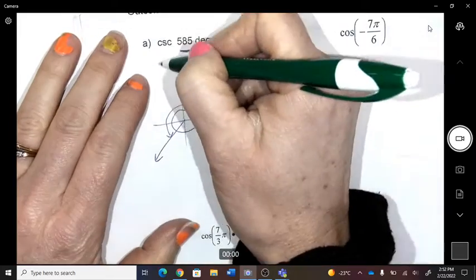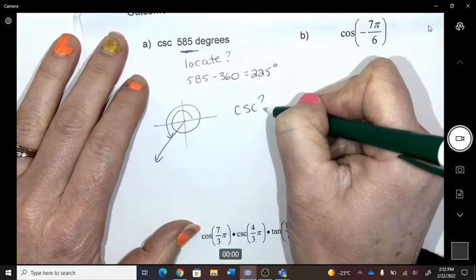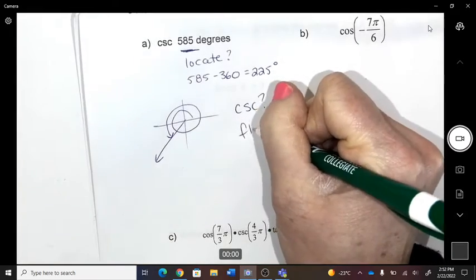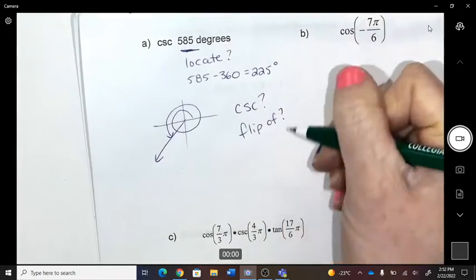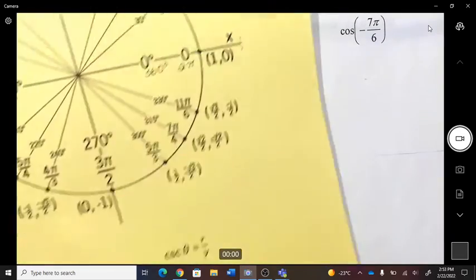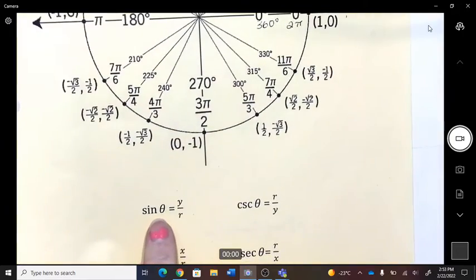Okay, now cosecant. When I'm working with cosecant, specifically on the unit circle, cosecant is the flip of what? Cosecant flips sine. And sine is the y.